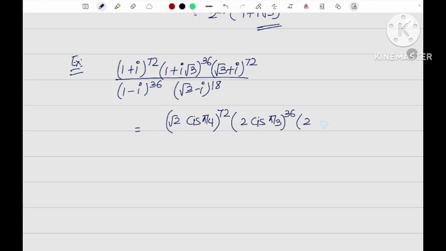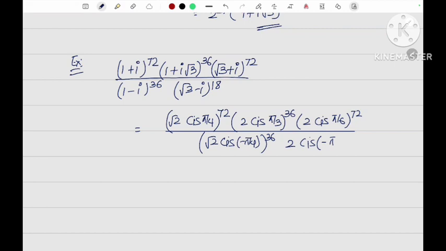Root 3 plus i is nothing but 2 cis pi by 6 to the power 72 divided by 1 minus i is root 2 cis minus pi by 4 to the power 36, and root 3 minus i is 2 cis minus pi by 6 to the power 18.